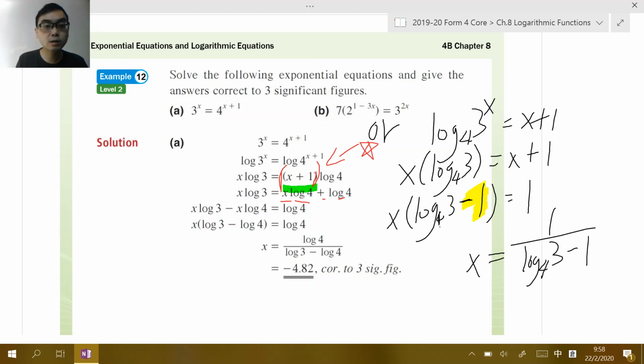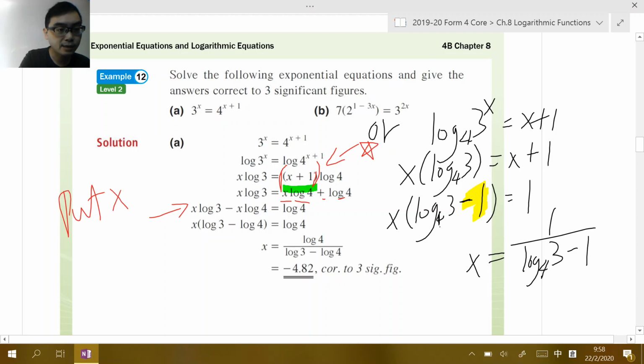And what you need to do is that now you will have three terms after its expansion: x log 3, x log 4, and log 4. Do remember x log 3 or x log 4 is just like multiplying x with another number, for example x and a number, log 3. So after that, you put all the terms with x together. Because we want to find x, we have to make x the subject.